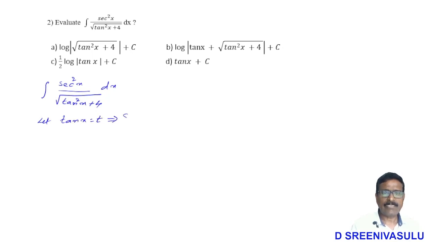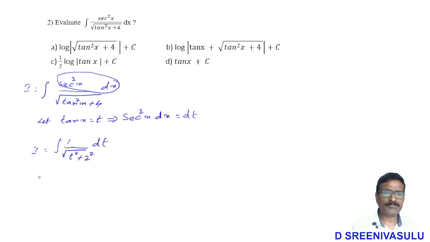Then secant square x dx is dt. That is, I is equal to the integral of 1 divided by root t square plus 4, and 4 we write as 2 square, dt.